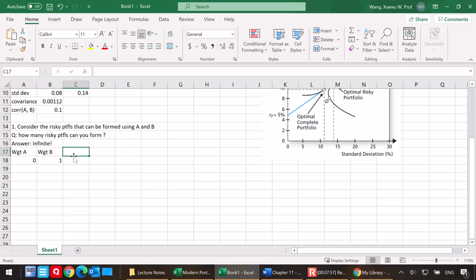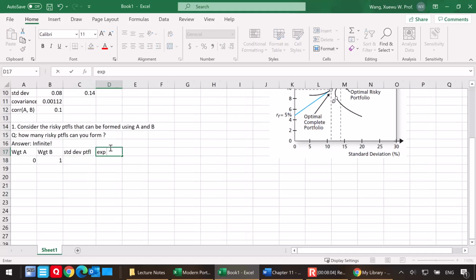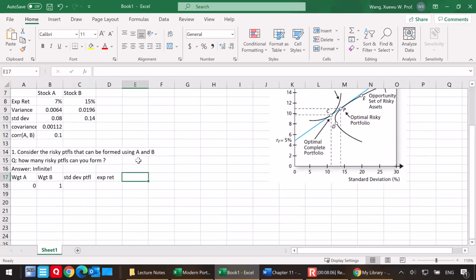Now I'm going to look at the standard deviation of this portfolio and the expected return of this portfolio. Without any calculation, you know the answer already. If you do not diversify, if you invest in stock B only, you're just going to get 50% expected return, and the price you're paying is 14% standard deviation.